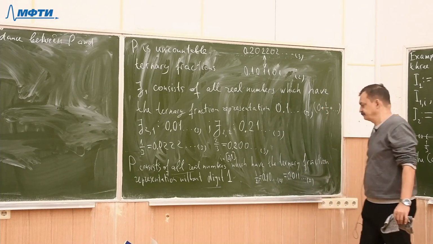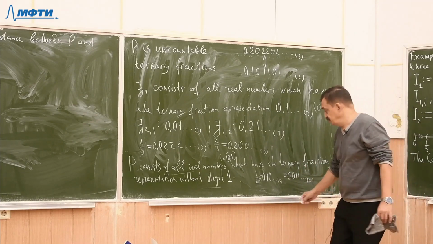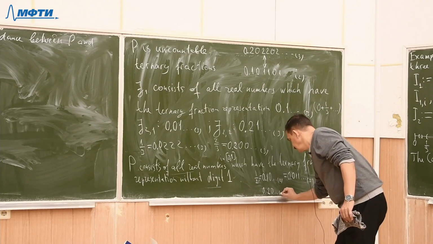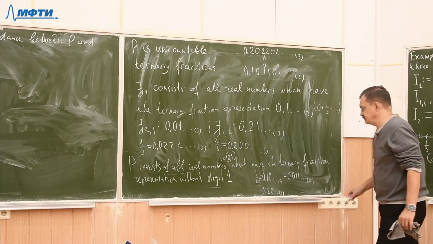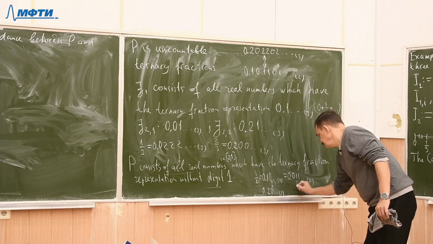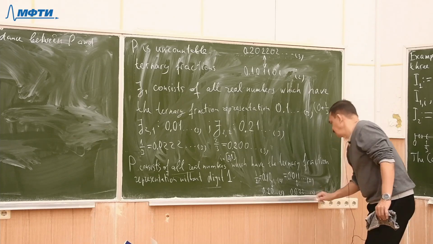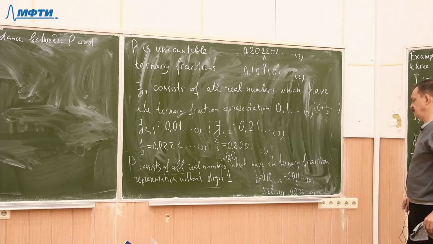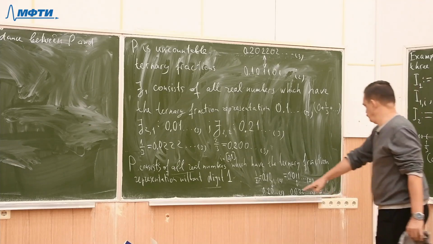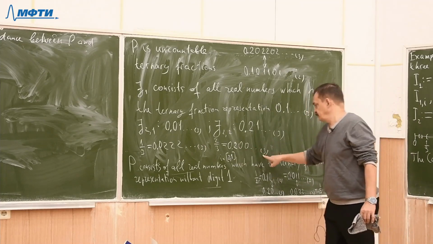These are two binary fractions which correspond to different ternary fractions. That is 0.022, and so on, a ternary fraction. In fact, that is 1/3, and that is 2/3, right?